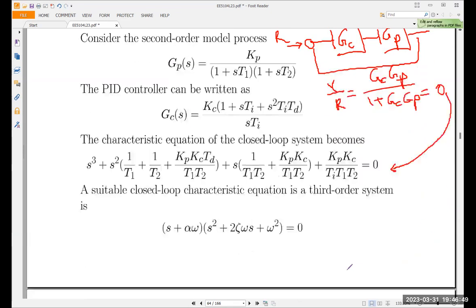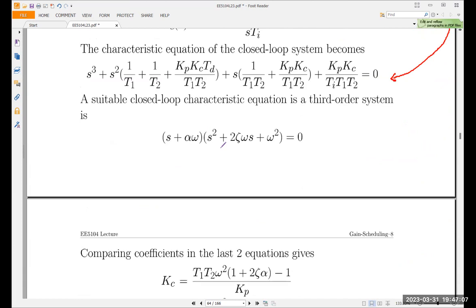Then this one, you compare to the standard closed loop characteristic equation. Now, why do we always like to write in terms of omega and zeta?